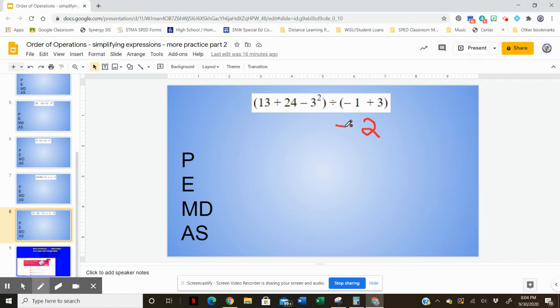I'm going to take that and divide. Now this set of parentheses is going to take a little bit more to solve. We're going to follow our order of operations. So there's no more parentheses inside there, but there is an exponent. Our exponent is 3 squared, which is 9. Same thing as 3 times 3 minus, and then I've got my 24.